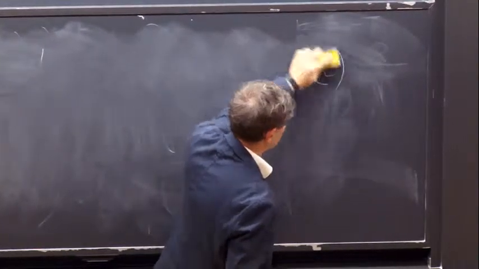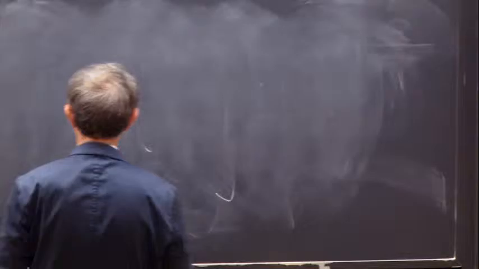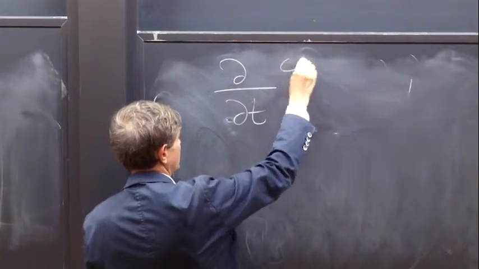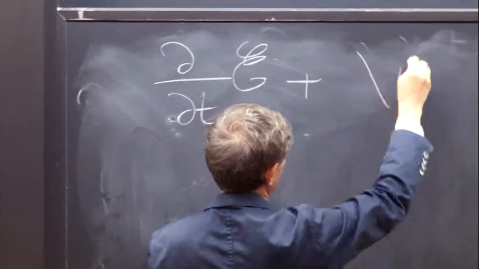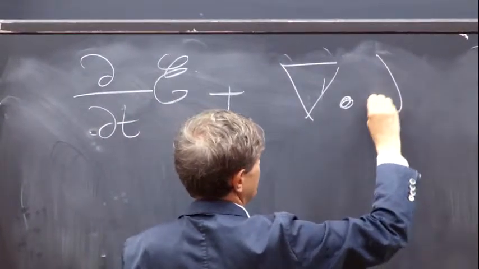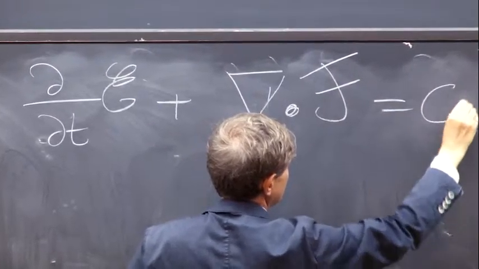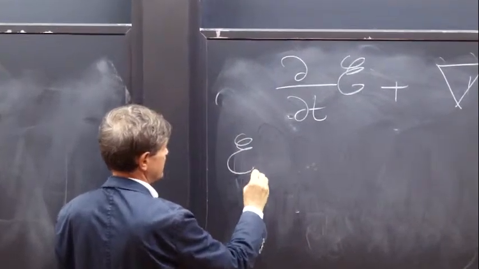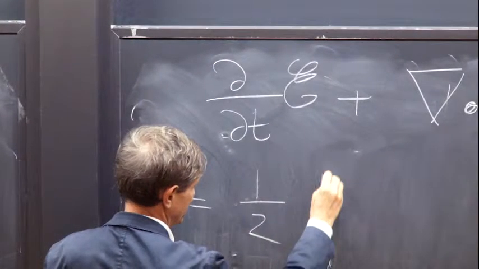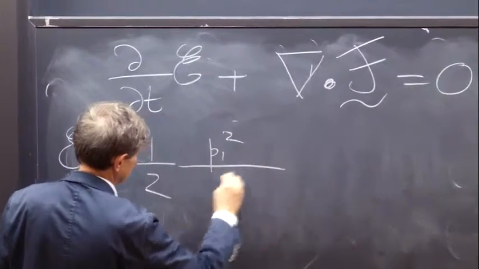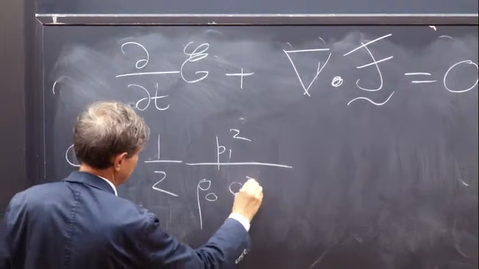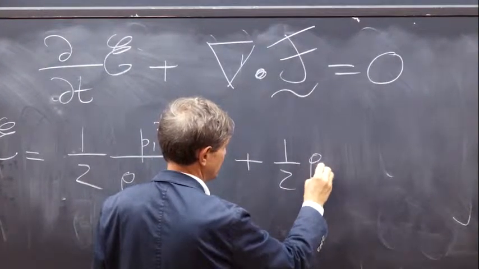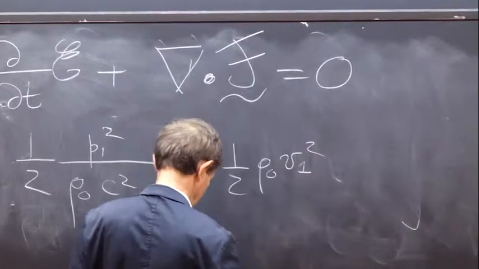So now the balance that we got here is as follows. We can write it like that. D by dt of E plus divergence of F is equal to 0. F is a flux here. E is equal to 1/2 of P1 square divided by rho 0 c square plus 1/2 of rho 0 V1 square.